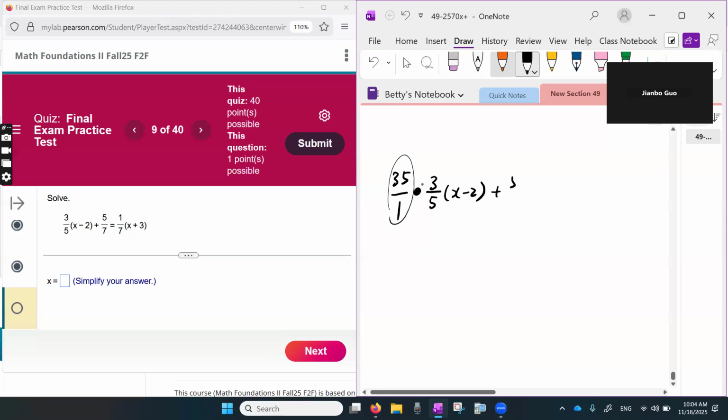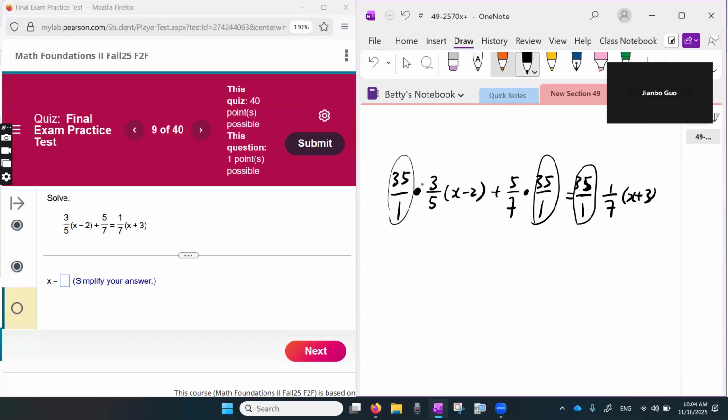And plus 5 over 7, multiply that by 35 over 1. So this is new things we put here. On the right side, we have 1 over 7 times x plus 3, also multiplied by 35 over 1. Okay, all the three parts multiply 35 over 1. For what purpose? For the purpose of getting rid of the denominators. Can we do that? Yes.